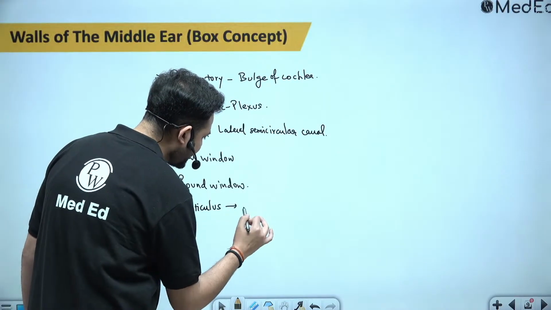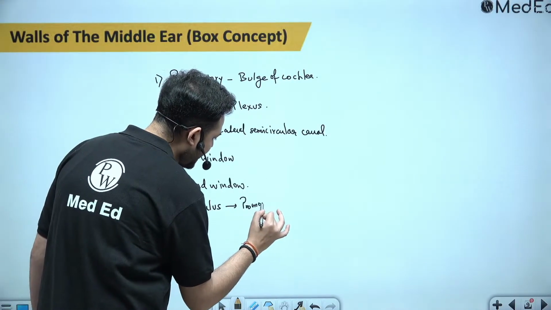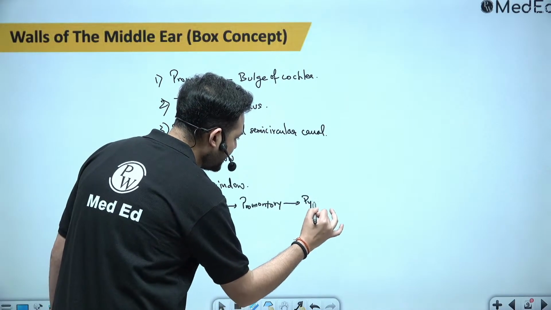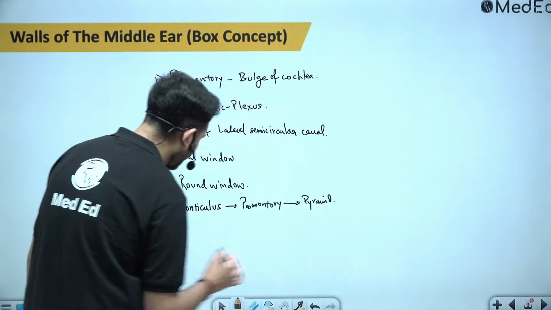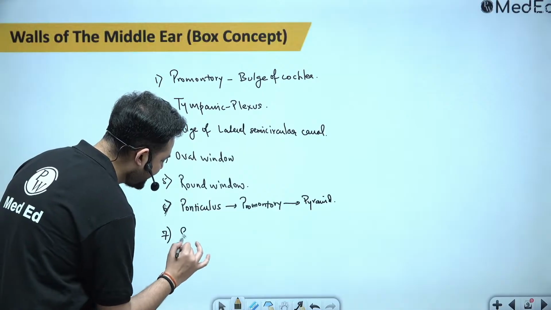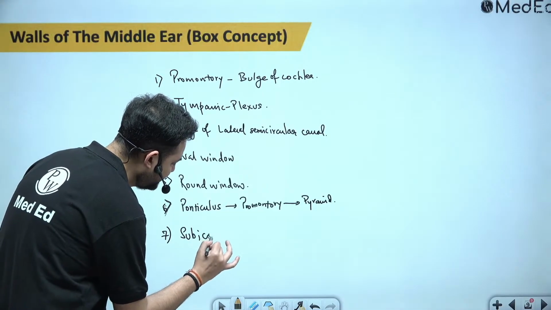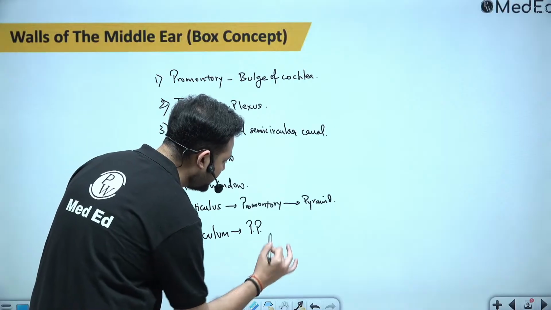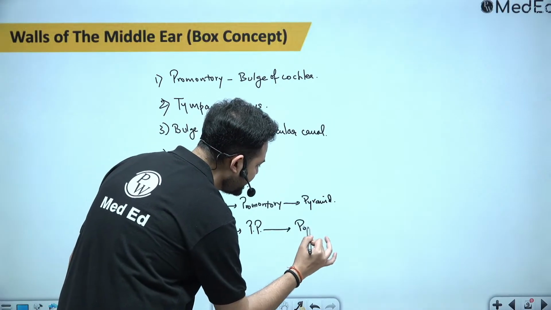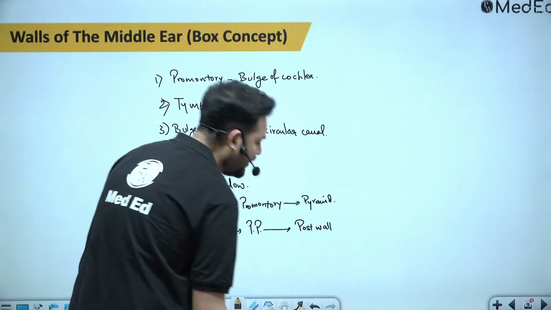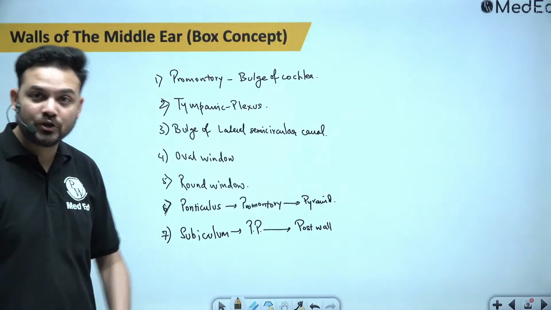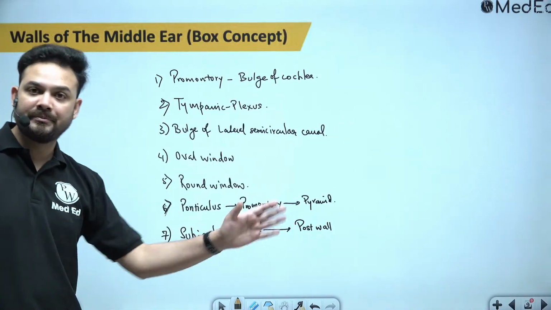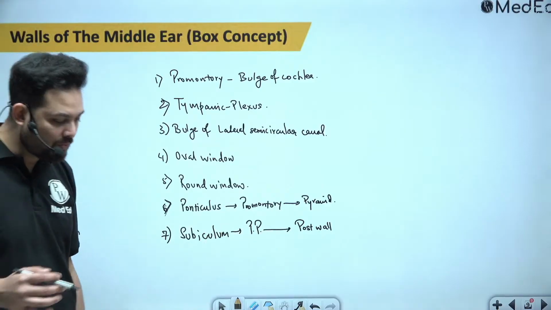That means it starts from the lateral end of the promontory and goes up till a projection in the posterior part of the middle ear, that is the pyramid. Another ridge of bone is called the subiculum, which starts from the posterior pillar of the round window and goes up till the posterior wall of the middle ear. So two ridges of bone: the ponticulus, which is above, and the subiculum, which is below. These are the two bones that we have read till now.